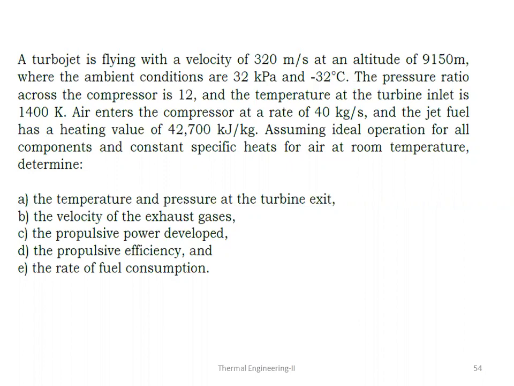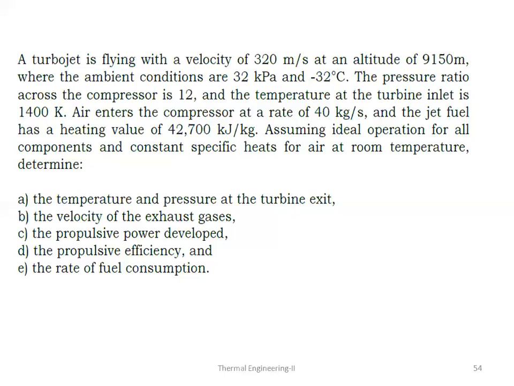Air enters the compressor at a rate of 40 kg per second and the jet fuel has a heating value of 42,700 kilojoules per kg, assuming ideal operation for all components and constant specific heats for air at room temperature.